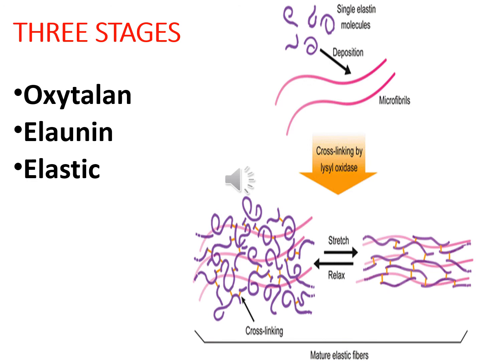The elastin polypeptides, a major component of elastic fibers, have multiple random coil domains that straighten or stretch under force and then relax. Most of the cross-links between elastin subunits consist of a covalent cyclic structure, desmosine, each of which involves four converted lysines in two elastin molecules. So the coiling is due to desmosine, and they follow through three stages: oxytalan, elaunin, and elastic stage.